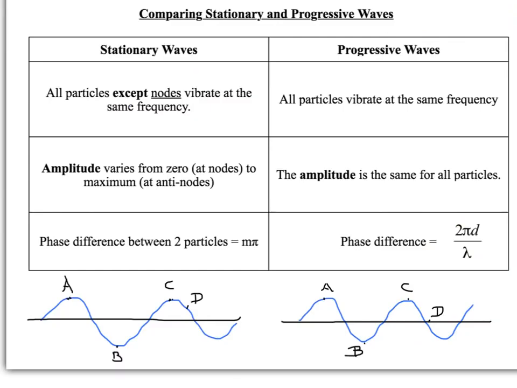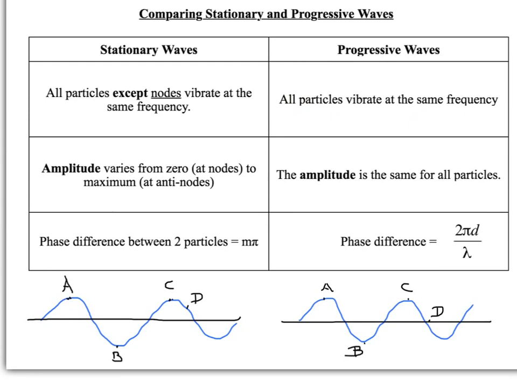So one of the key things you need to do, and I wouldn't be at all surprised if this was the content of a longer answer type question, is the difference between stationary and progressive waves. So the key thing is that for progressive waves, all particles vibrate at the same frequency. There are no exceptions to that.